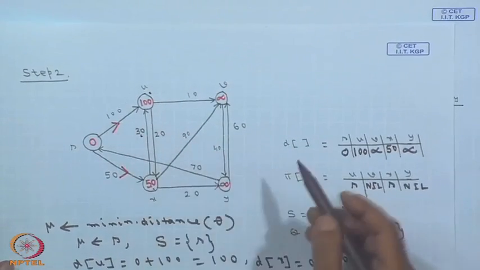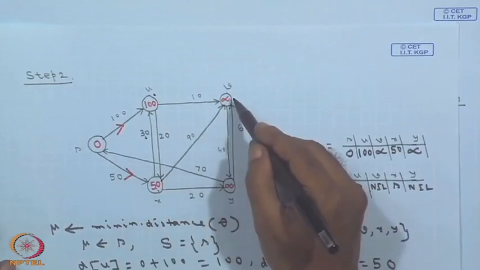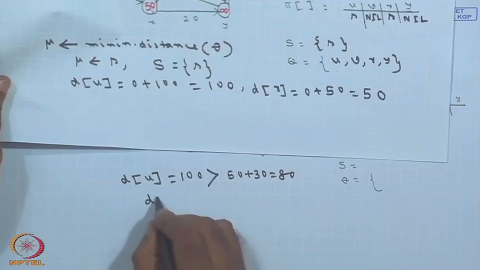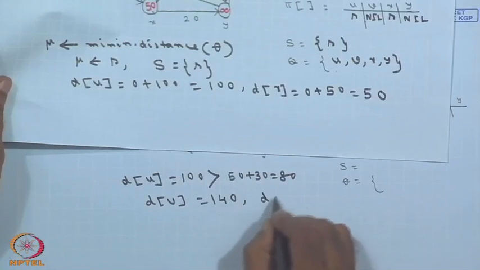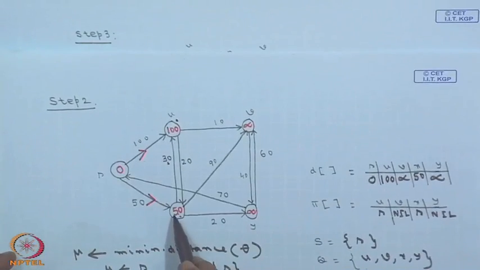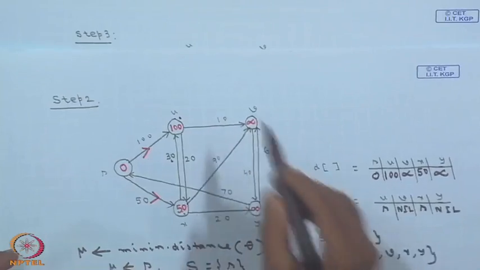What about dv? Your dv will be 50 plus 90, that is equal to 140. Similarly, dy will be 50 plus 20, that is 70. This also will be replaced, because in both cases the old values are greater.